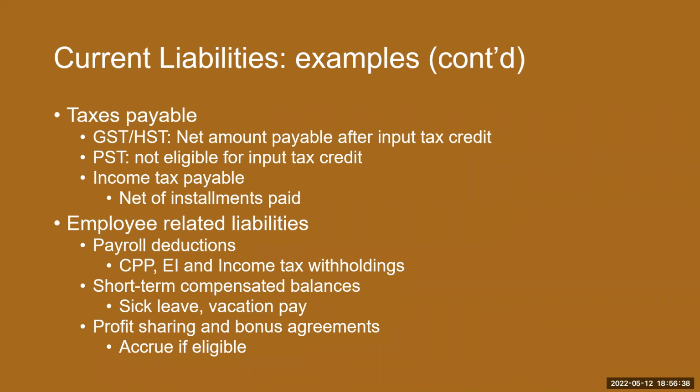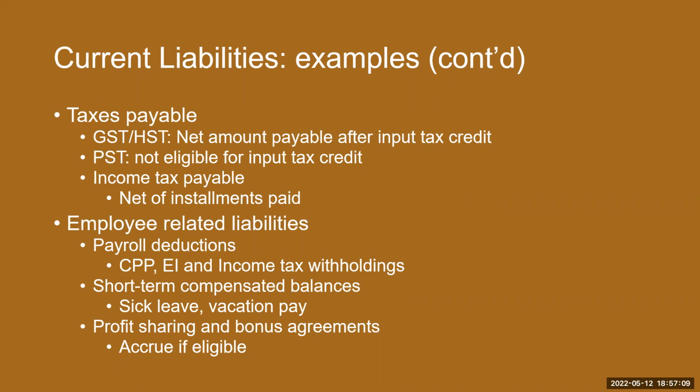And the way they operate, GST and HST provide an input tax credit. So the business charges the GST amount from its customers, but any GST that the business pays to buy its goods and services for its operations, it gets to offset. HST operates on the same principles, but a provincial sales tax works a little bit differently.